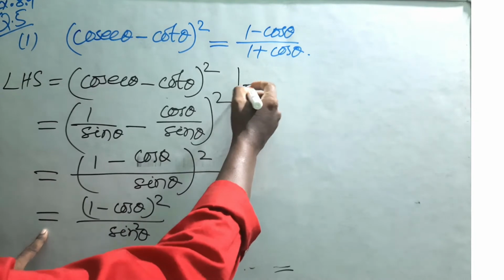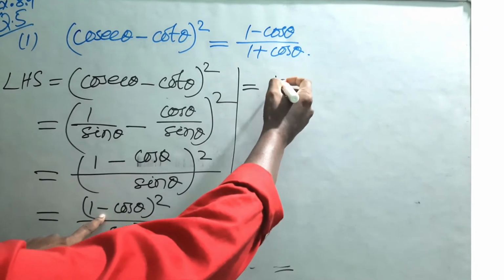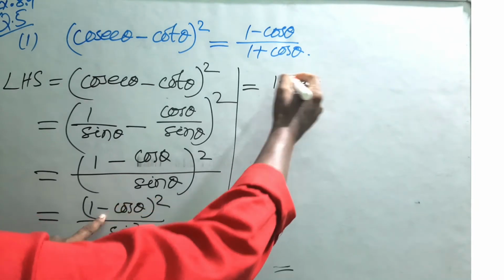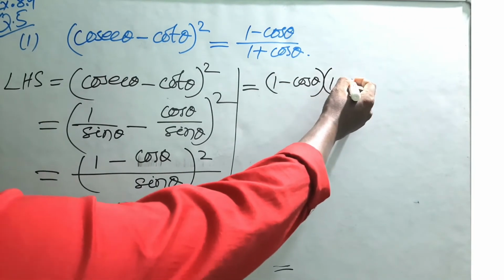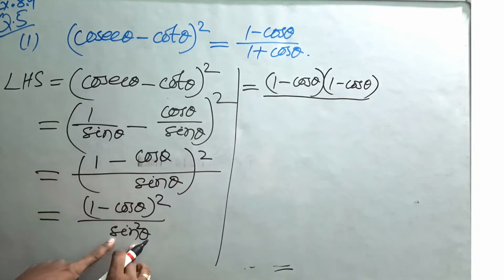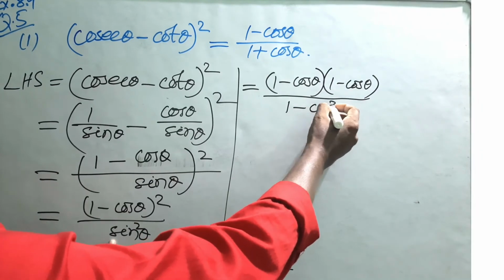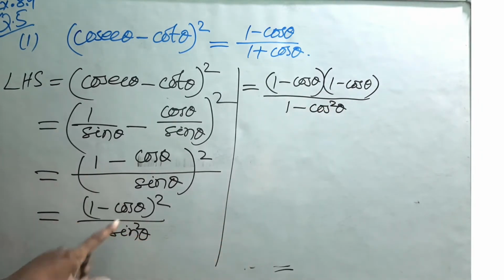Now the next step will be, now (1 minus cos theta) whole square. So you can write it (1 minus cos theta) into (1 minus cos theta), now divided by sin square theta. Sin square theta is nothing but 1 minus cos square theta. Clear?